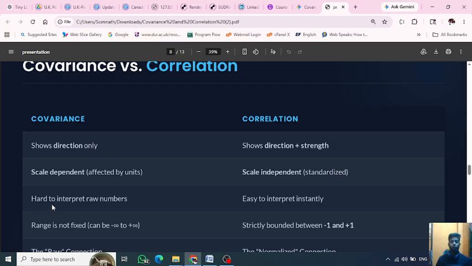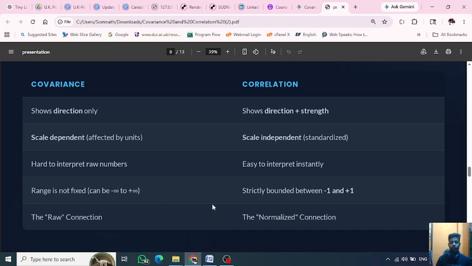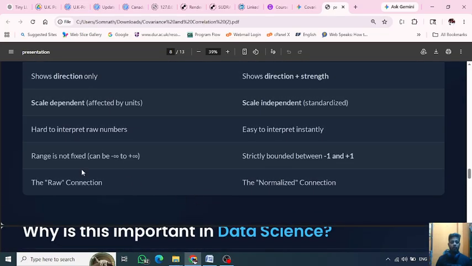Covariance is hard to interpret as a raw number, definitely, because as it is scale dependent, it is hard to understand. And correlation is easy to interpret instantly because it's a range value. Covariance range is not fixed, and correlation is strictly bounded. Here the raw connection and normalized connection.